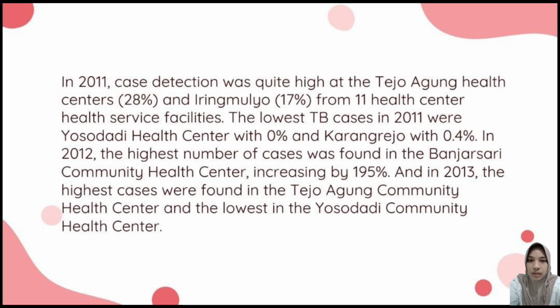The lowest TB cases in 2011 were at Yosodadi Health Center with 0% and Karangrejo with 0.4%. In 2012, the highest number of cases was found in the Banjarsari Community Health Center, increasing by 195%. And in 2013, the highest cases were found in the Tejo Agung Community Health Center and the lowest in the Yosodadi Community Health Center.